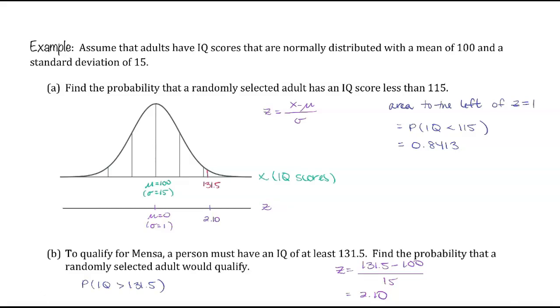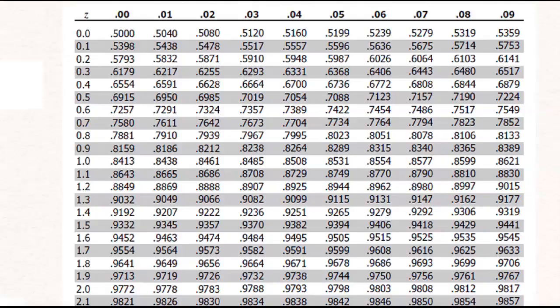Wanting to find the probability that an IQ score is greater than 131.5 is equivalent to finding the area under the curve to the right of 131.5, which we now know is the equivalent to finding the area under the curve to the right of a z-score of 2.1. Let's look at our z-table. On our positive z-table, we are now interested in a z-score of 2.10, which has a corresponding left area of 0.9821.